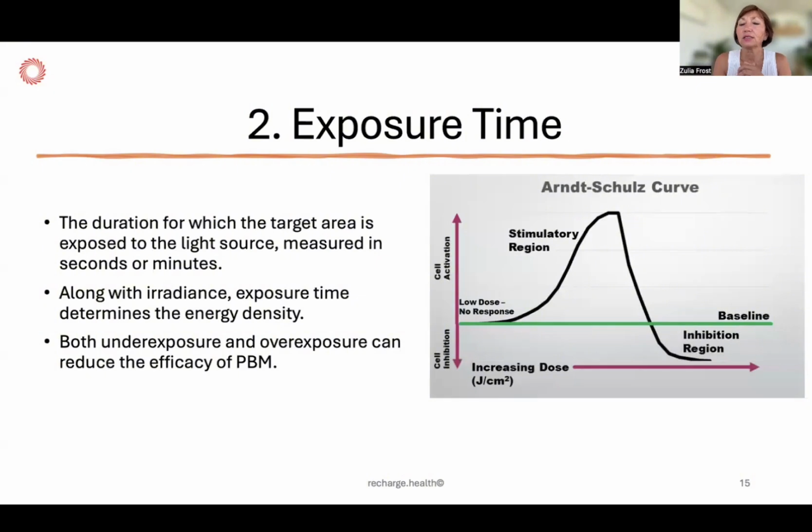Because there is such a law. Exposure time is also very interesting. You could see on the diagram, if you push energy up, at some stage it will be too much energy and you start negating the effect. You can even get negative effects. But to be honest, I have not observed this with the FlexBeam.